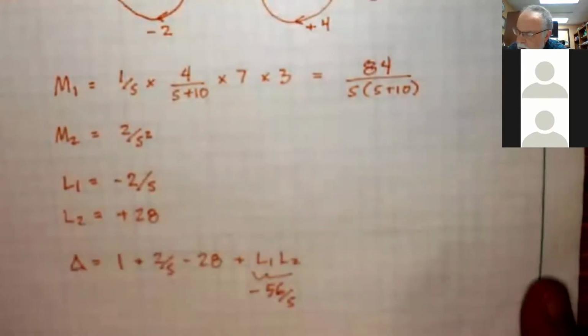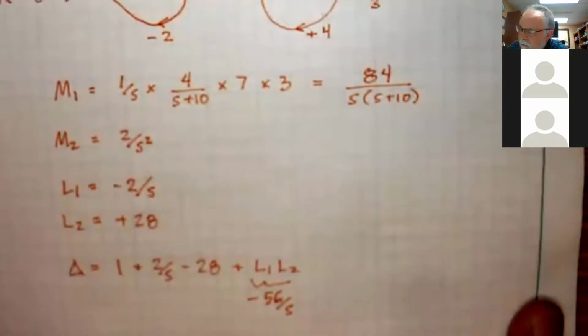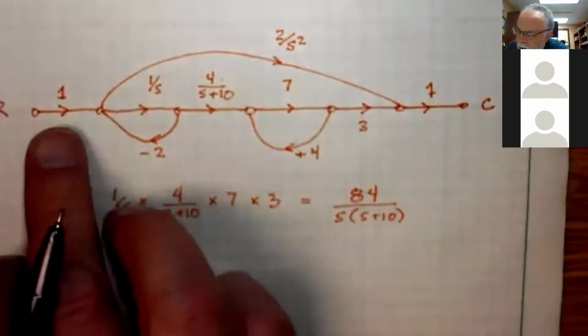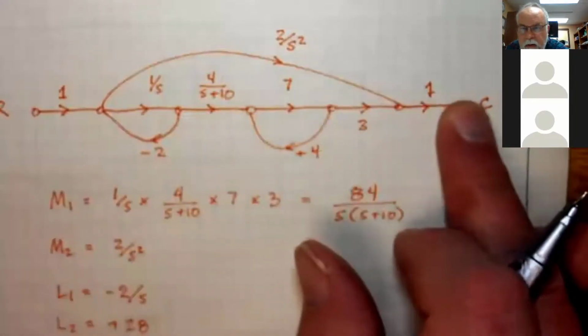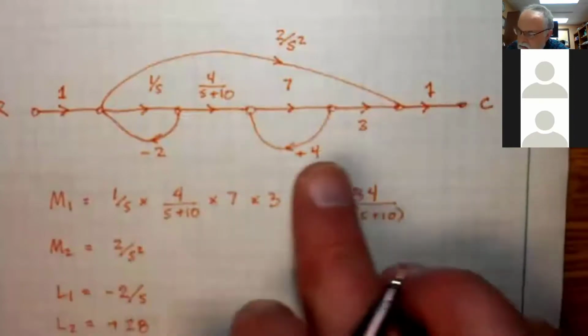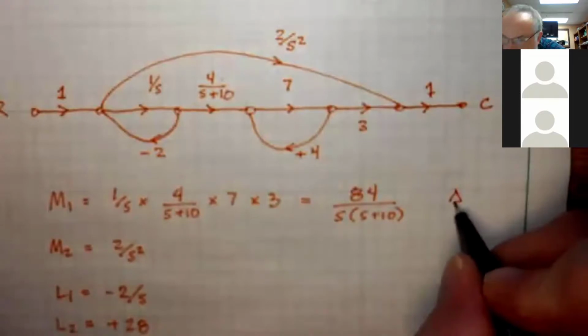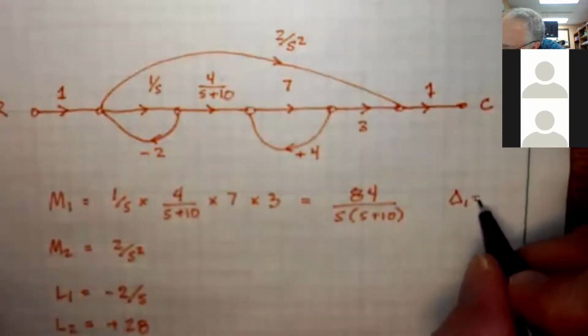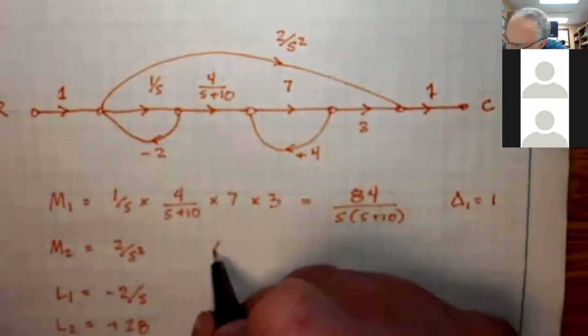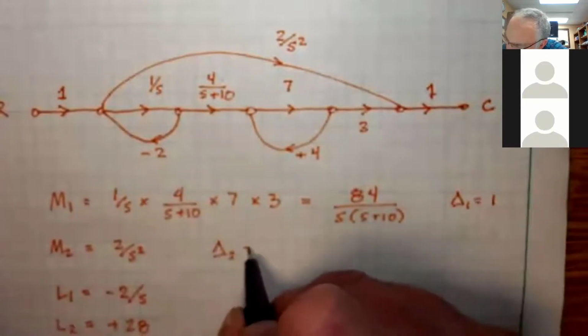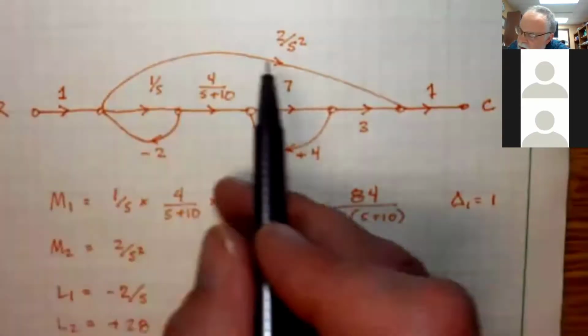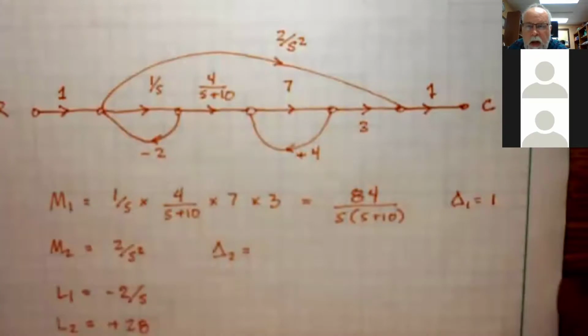Okay. We're still left with the delta functions. If I take out this first path here, neither one of these loops exists anymore. So delta 1 is just 1. Delta 2, if I take out this path, do any of the loops survive? Yeah.